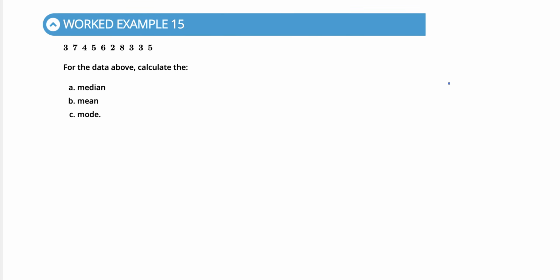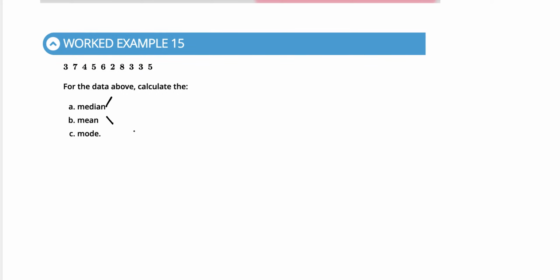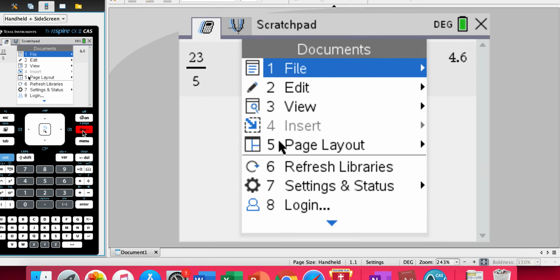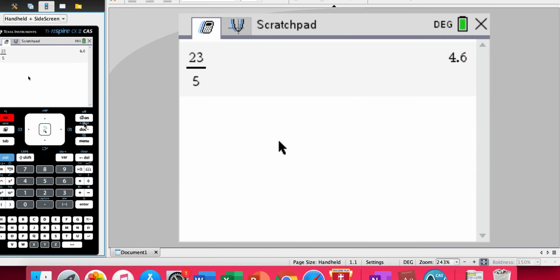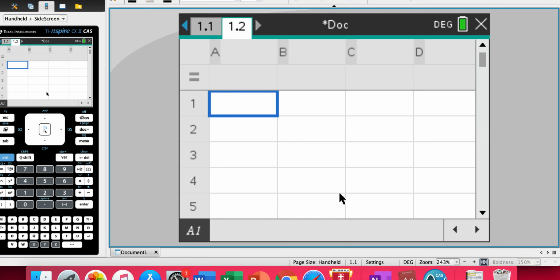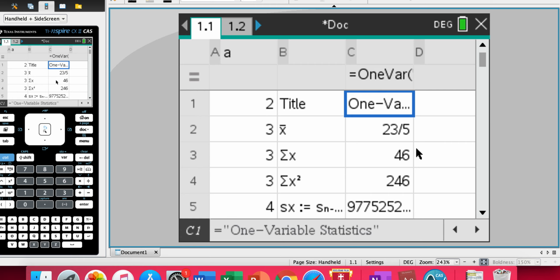So my mean, which, as I said, this is the symbol that we use, is equal to 4.6. Wonderful. Our median, I'm going to go back into our document. I don't know how to swap to the document, to be honest. So I'm going to go here and just go boom. There we go. I have it here.